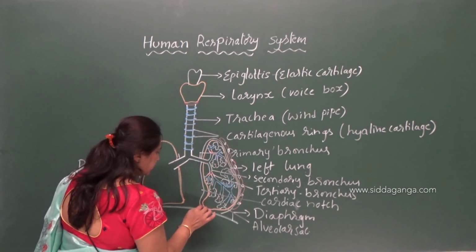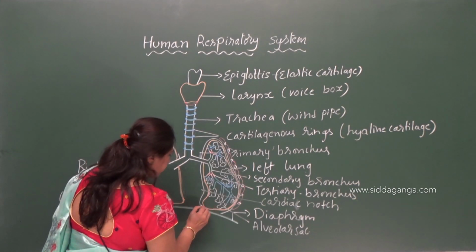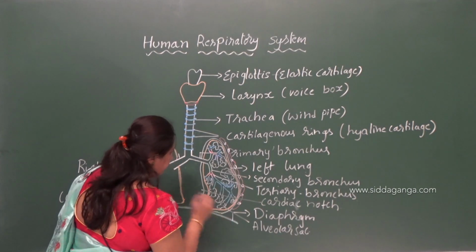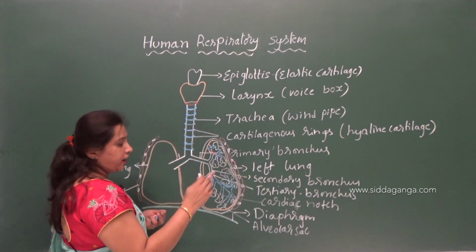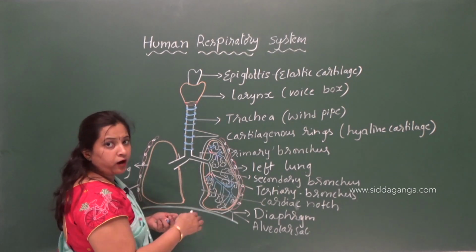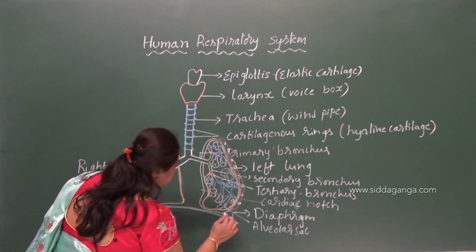The outer one is called the parietal pleura, and the inner one is called the visceral pleura. Okay. So each lung is covered by two membranes, and these membranes are called pleura or pleural membranes.